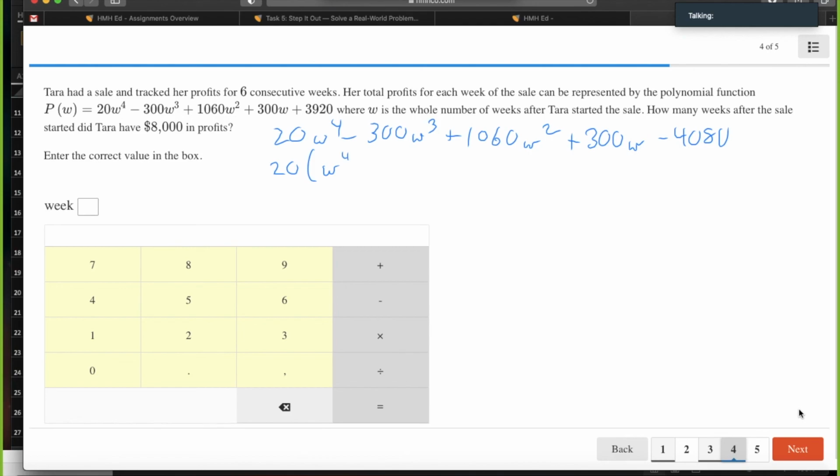See, everything looked like it would be factorable, but not sure.